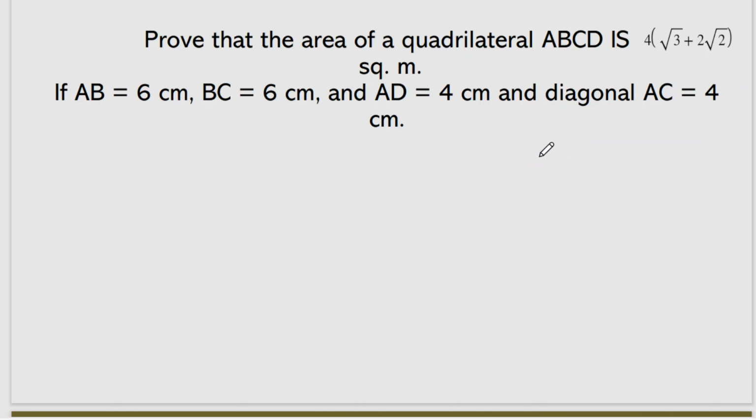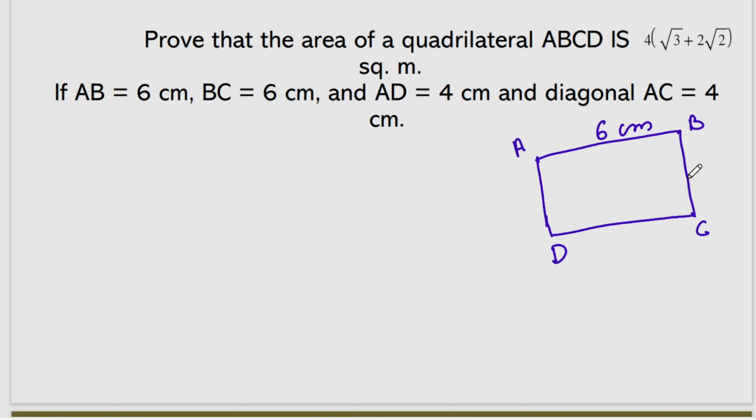Okay, so let us first draw a quadrilateral. I'm drawing a quadrilateral and naming it A, B, C, and D. Now what is the value of AB? The value of AB is given as 6 centimeter. The value of BC is given as 6 centimeter.